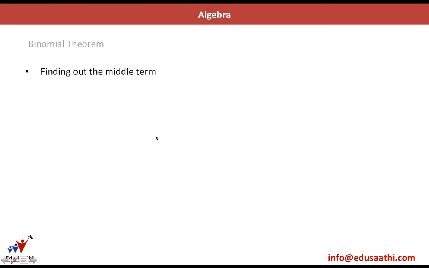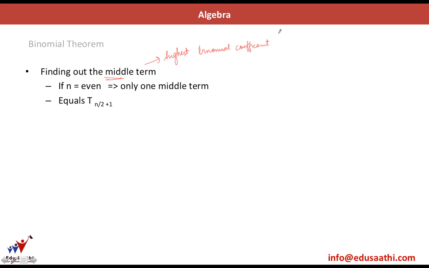Now, how to find the middle term? Finding the middle term turns out to be important because the middle term has the highest value for the binomial coefficient. Now, if the value of n comes out to be even, that means there will be n plus 1 number of terms.